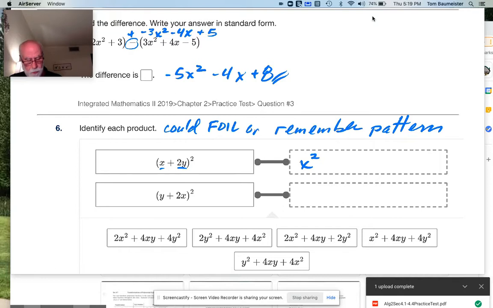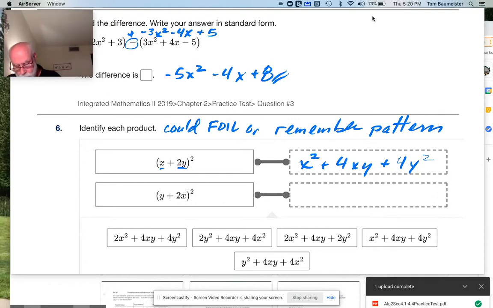So x times 2y is 2xy, and then I'm going to multiply 2 to that. So 2 times 2 is 4, so we'll have 4xy, and then I'm going to take and square the last term. Remember, I square the number also. So that will be 2 squared, which is 4, and then I'll have y times y, which is y squared.